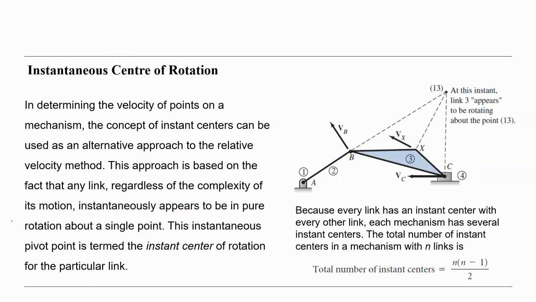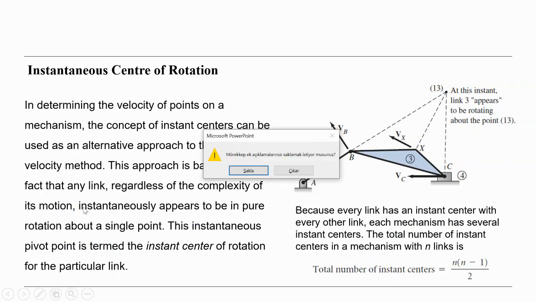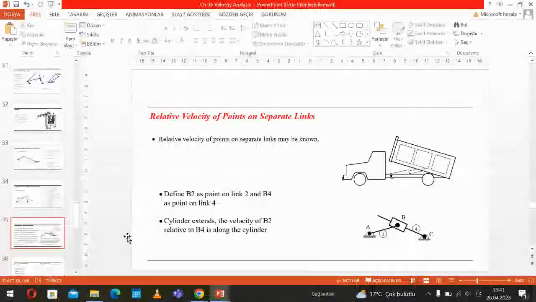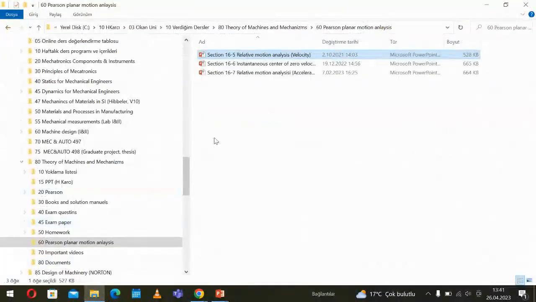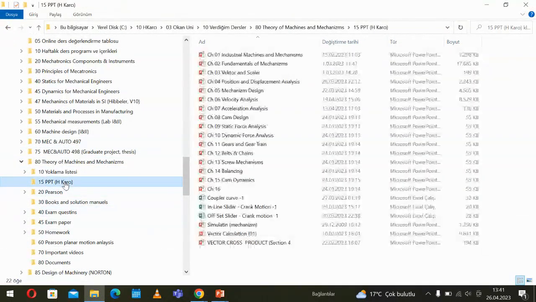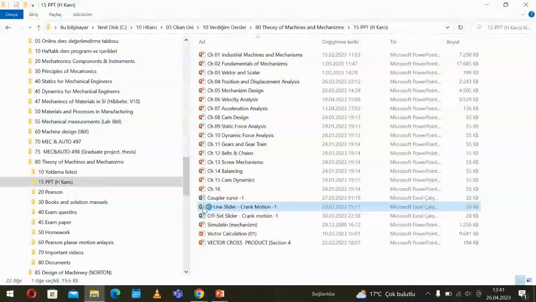Before we come to that, I can show you something I prepared. Where is it here? Slider crank mechanism, slider inline.